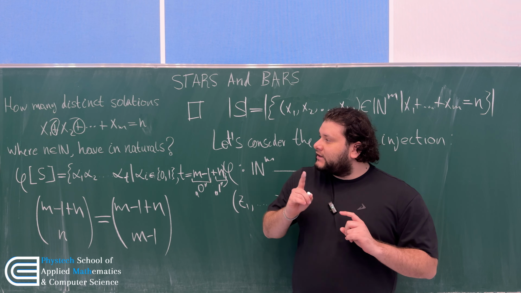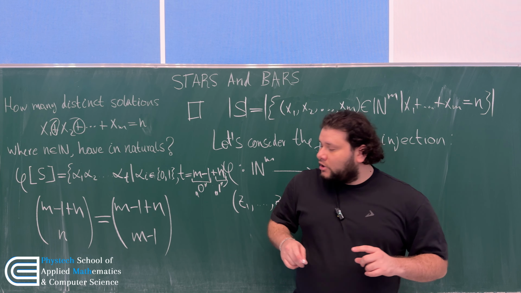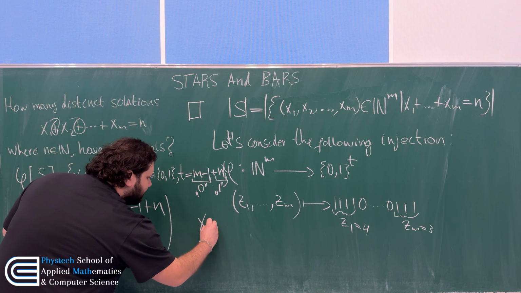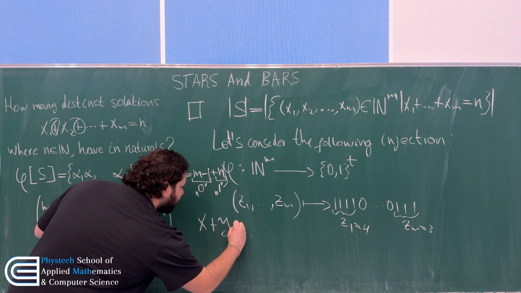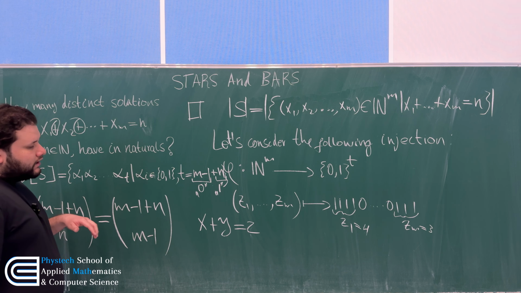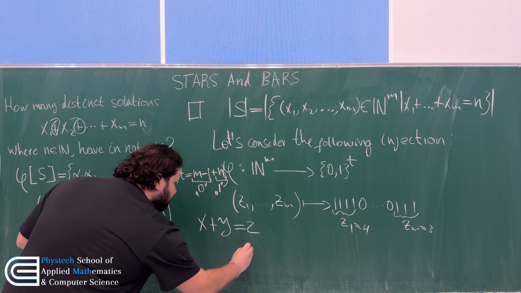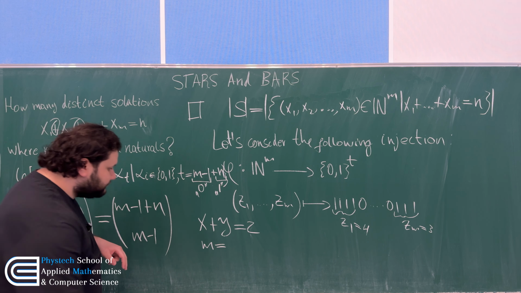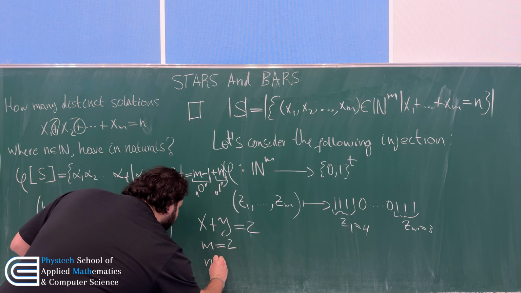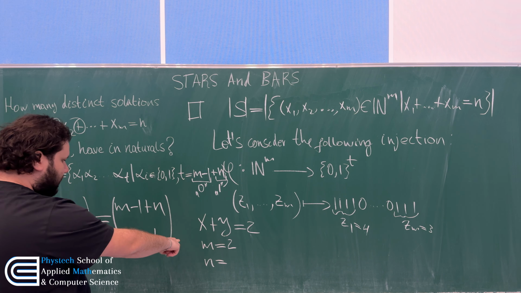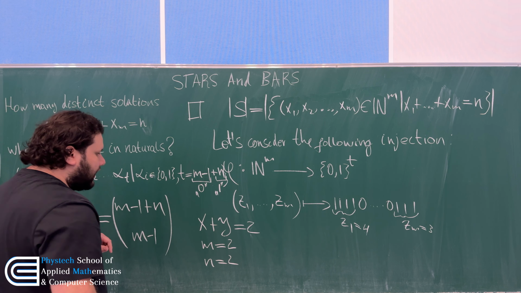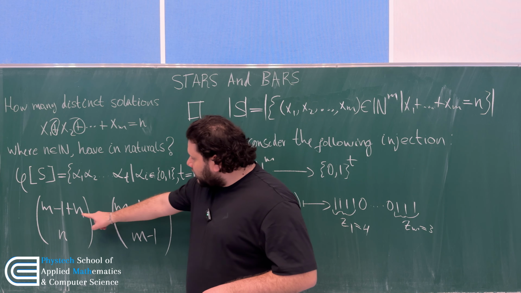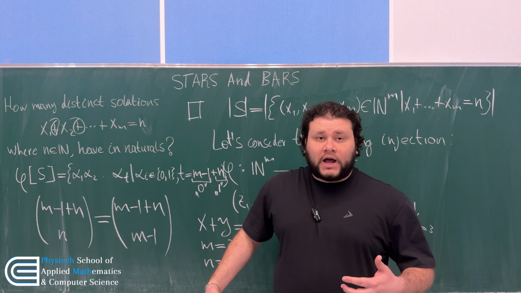And now let's see what happens when we have the previous example, x plus y equals 2. In this case, m is going to be equal to 2, and n is going to be equal to 2. Using this, let's see how many solutions we have.